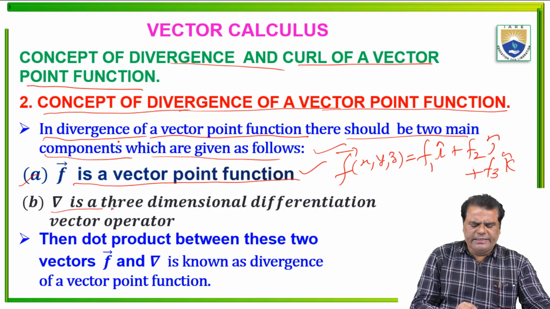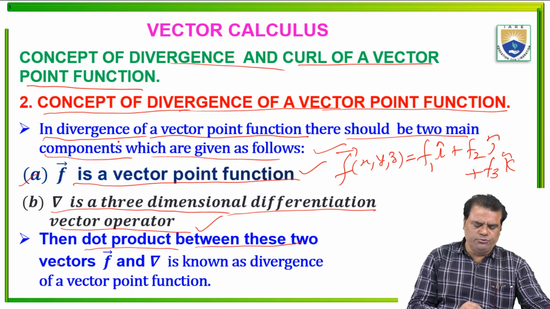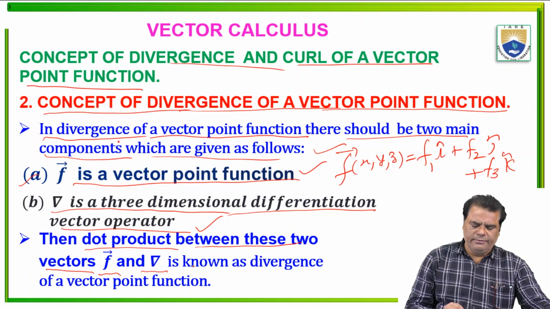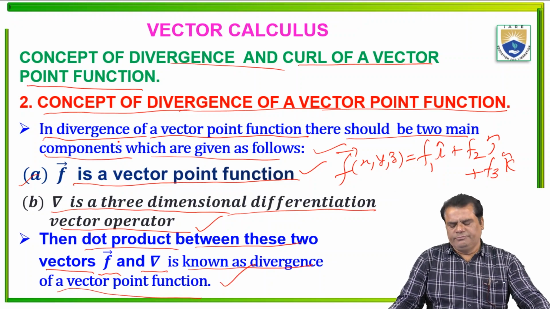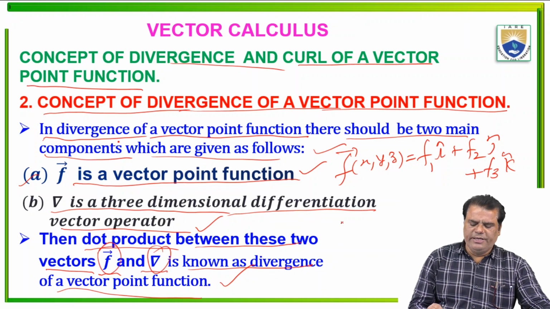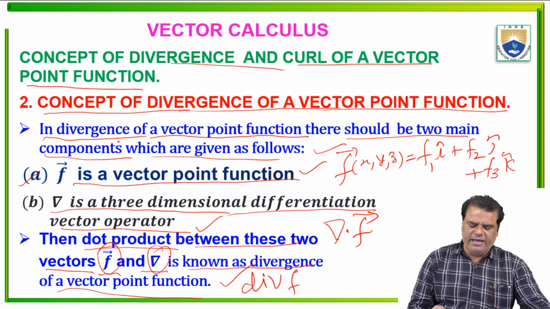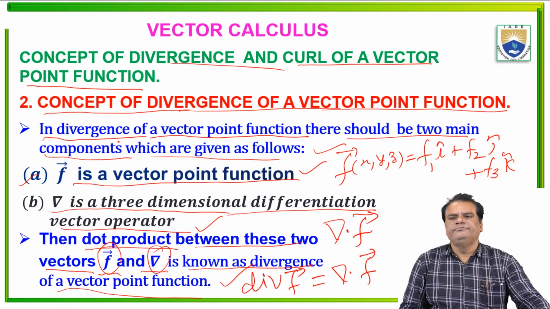And del is a three-dimensional differentiation vector operator. Then the dot product between these two vectors, vector function and del, is known as the divergence of a vector point function. We note here f is a vector and del is a vector. So we apply the formula del dot f vector. This is divergence f. Divergence of f vector equals del dot f vector.